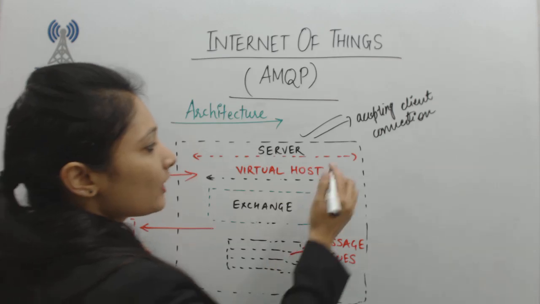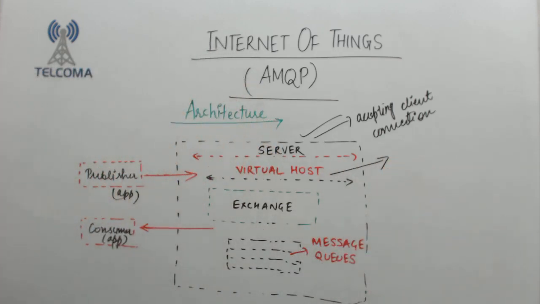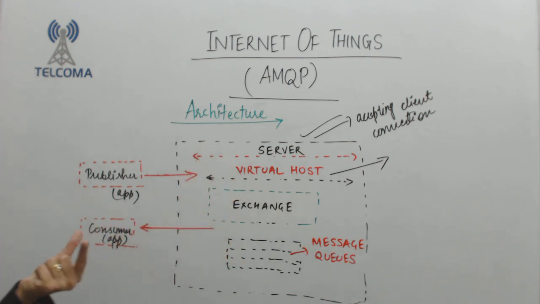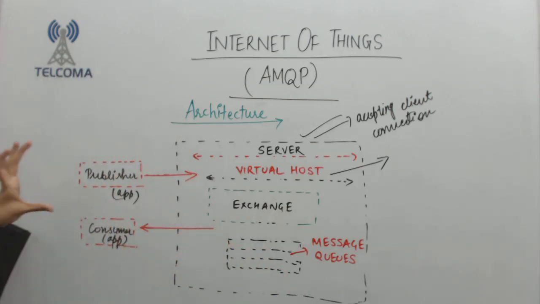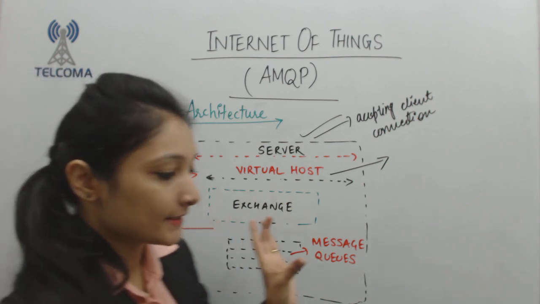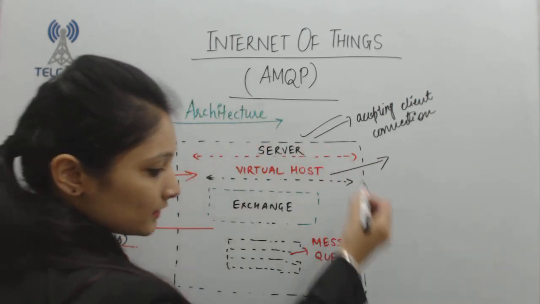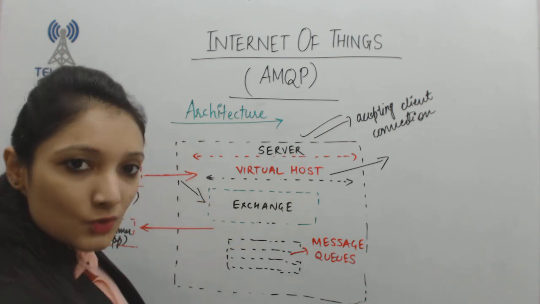Now, after server, I have my virtual host. So, virtual host is basically a data partition, acting as a data partition system with your server. Then I have my publisher application and my consumer application. This publisher application is basically a client that publishes the messages to the server, or we can say publishes a message to the exchange.